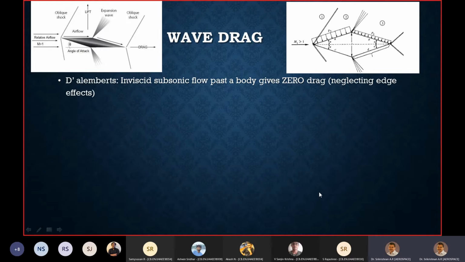So when you have an inviscid fluid flowing past a submerged object, which of the two types of drags that I mentioned would necessarily be zero?